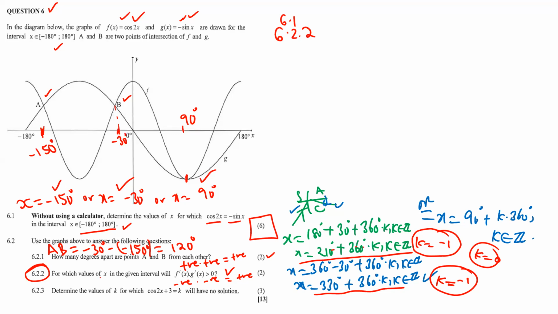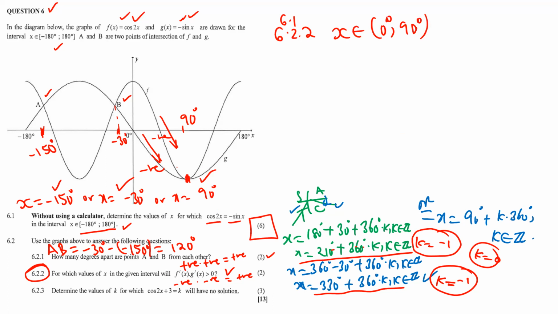Okay, so in 6.2.2 now, let's do this one. The slopes must be the same. So you can see that between 0 degrees and 90, the slopes are negative. So which means, therefore, we choose x to be an element of the open interval from 0 to 90 degrees.